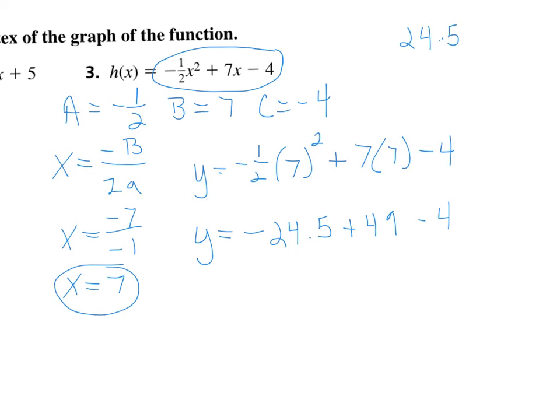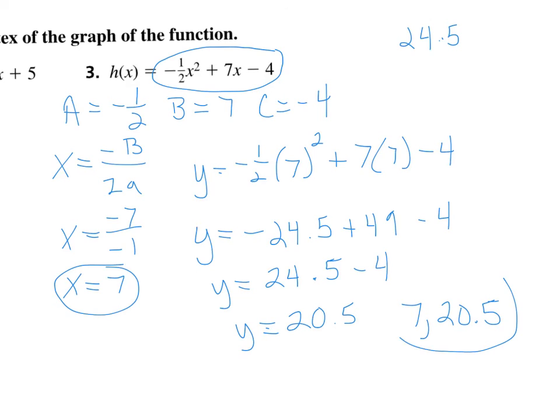So I've got negative 24.5 plus 49 minus 4 is going to give me 20.5. So the vertex is 7, 20.5. And that is your vertex, and this is your axis of symmetry.